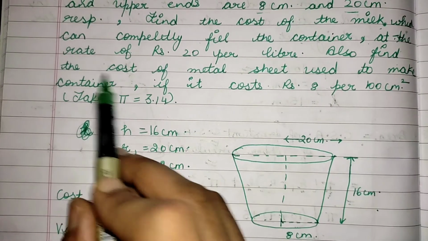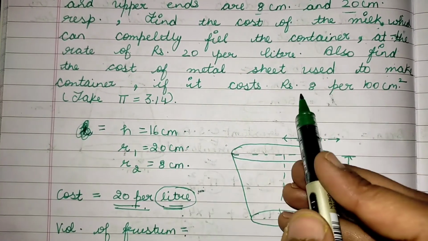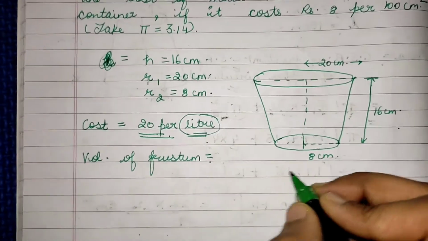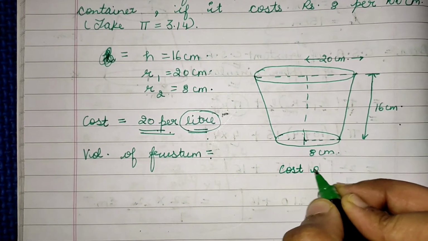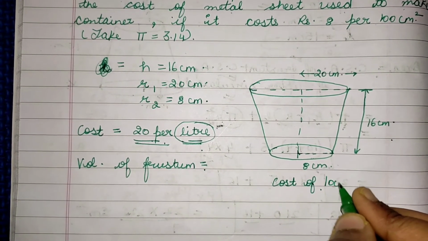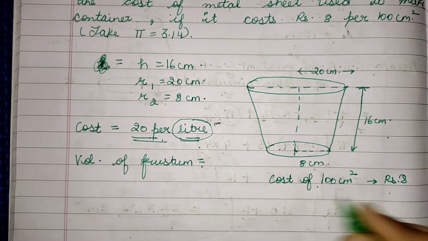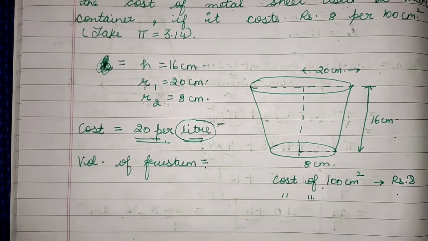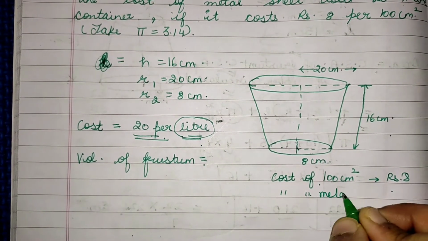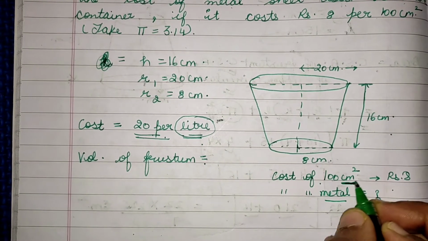Also, we have to find out the cost of the metal sheet used to make the container. The cost is given to us as rupees 8 per 100 centimeter square. So how can we find the cost of the metal sheet?